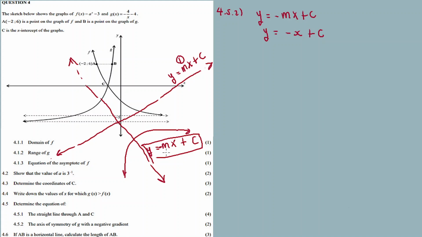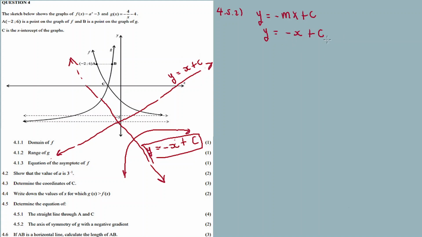Here it's 1, here it's minus 1. It's always 1. You won't find the gradient on the calculator, plus c minus x. It's always like this: this axis of symmetry with a positive gradient, this one with a negative gradient. It's always 1 here, right?